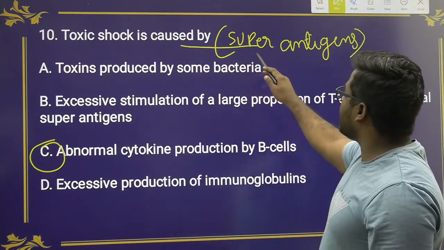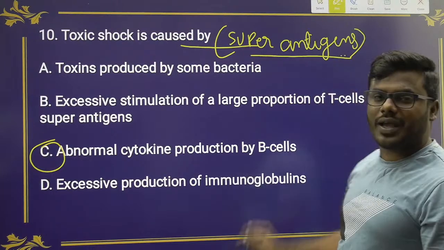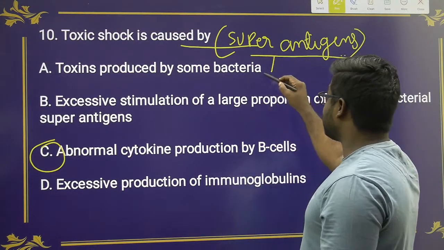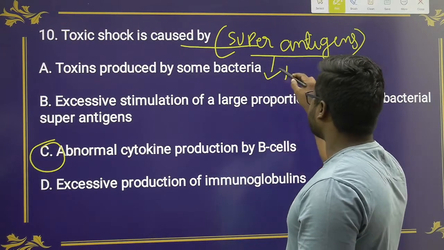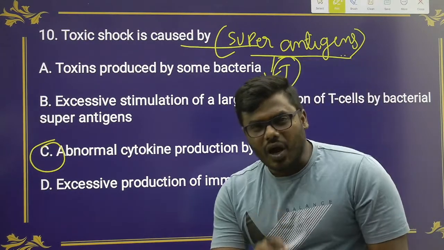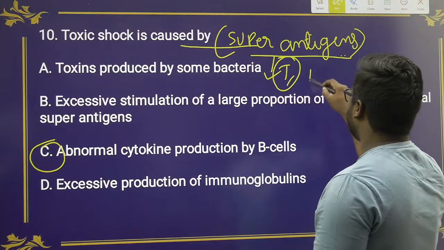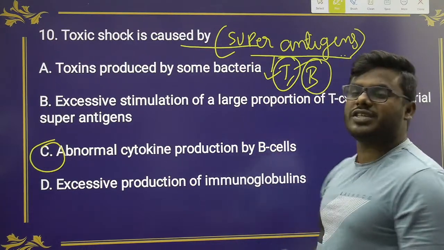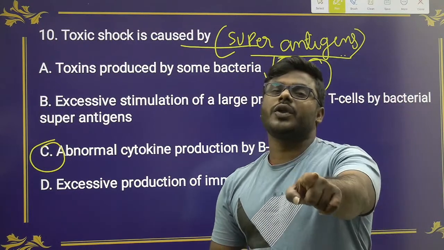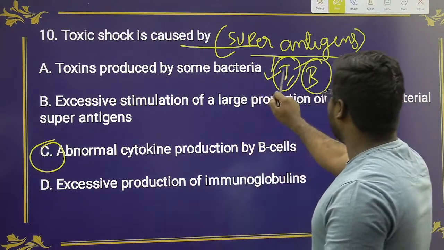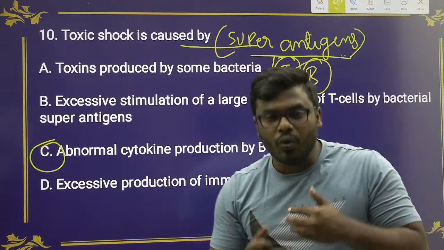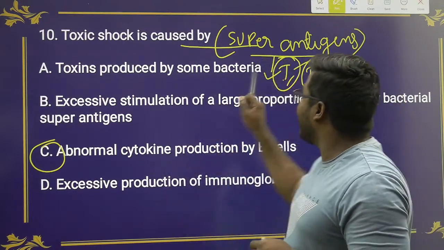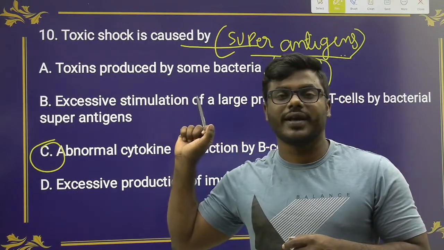So because of superantigens, what happens? First, T cells get activated. There is no doubt about it, right? Not only T cells, there is also an activation of B cells. But you have to remember, compared to T cells, B cells will be more rapidly activated. I am not saying that T cells are not activated.